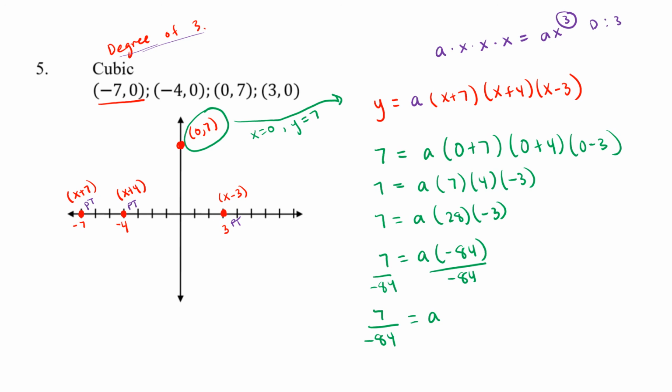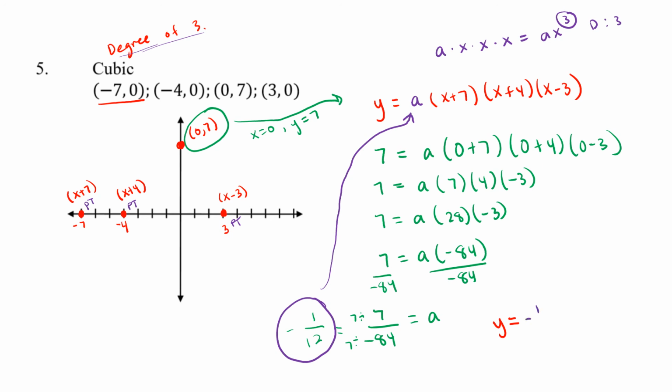The only thing we can try to reduce by is 7, so see if 84 can be divided by 7, and what I notice is you can divide a 7 out of both of these, reducing it down to negative 1 over 12, which allows us to actually finish off our equation here. It's a negative 1 over 12 for our a, so we're going to take that, substitute it right back in. That'll give us the equation to represent this graph.